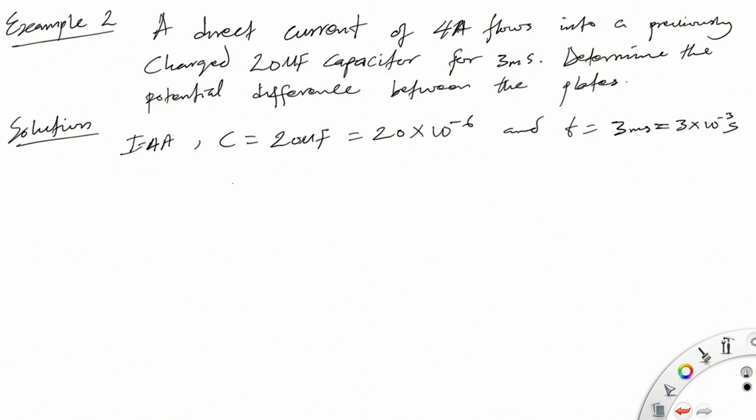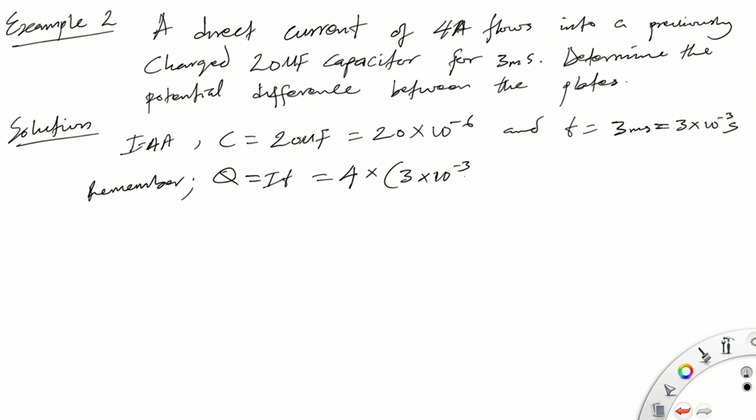Remember that Q is the same thing as IT, we said, right? So that is 4, our current I, multiplied by our 3 times 10 raised to the power of minus 3 seconds.